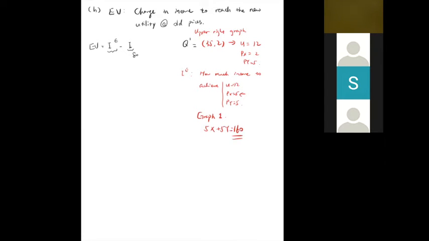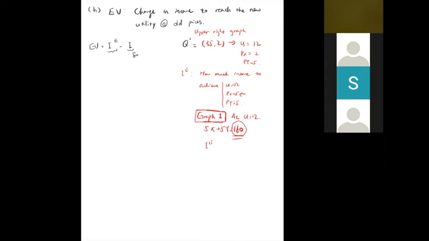That means we need income level 160 to reach U equals 12. So the income IE is actually 160.